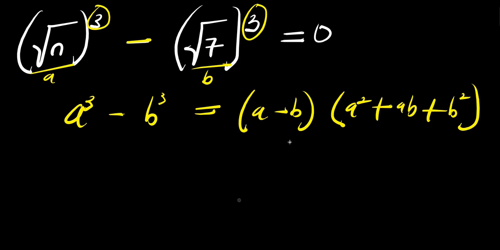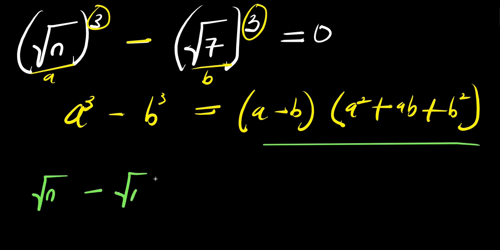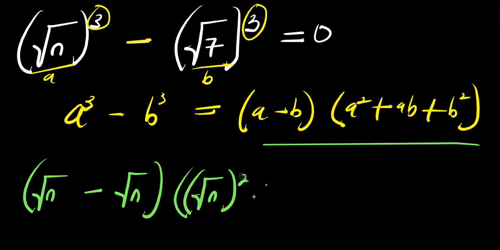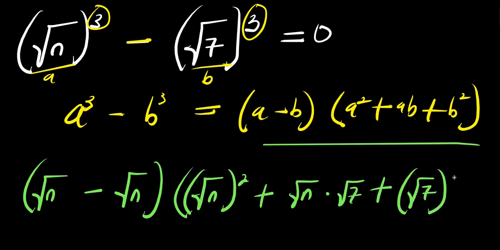And in this case, this is our a, this is our b. So from here, we apply this, we have a minus b, so we have root n minus root 7 as a minus b. Then we have times a squared, that is root n to the power of 2, plus ab, we have root n times root 7, plus b squared, we have root 7 to the power of 2, and this equals 0.